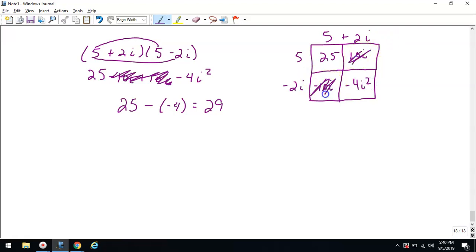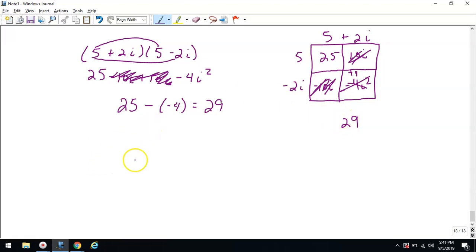And these cancel. -4i squared is actually the same thing as positive 4. And when we combine, we get, again, 29.